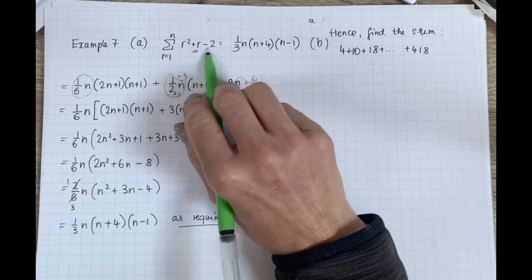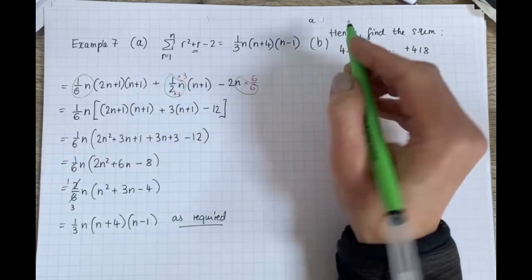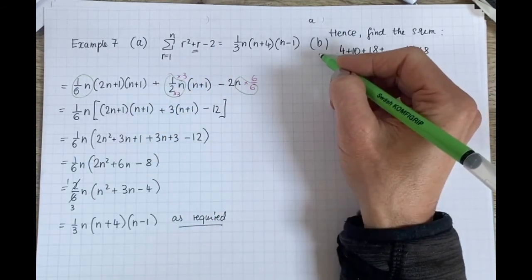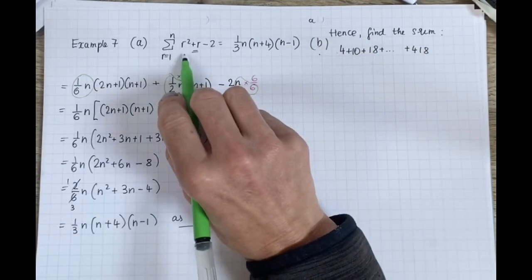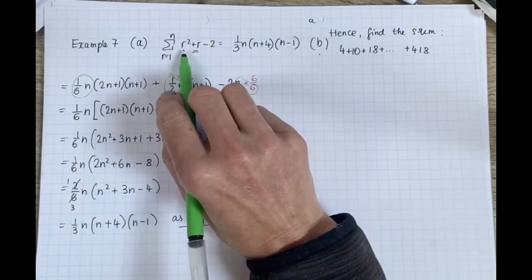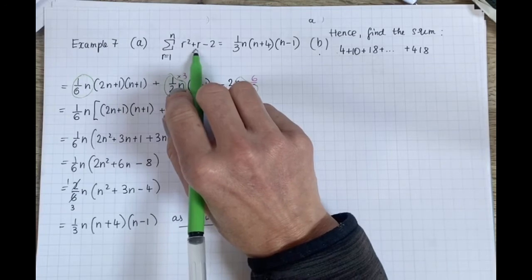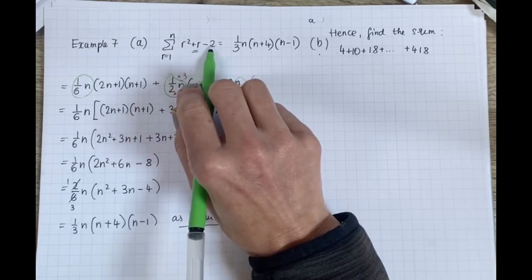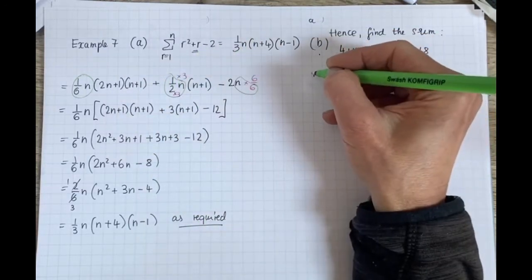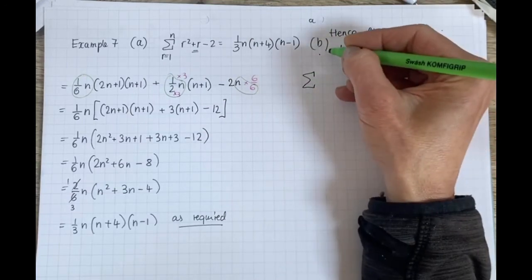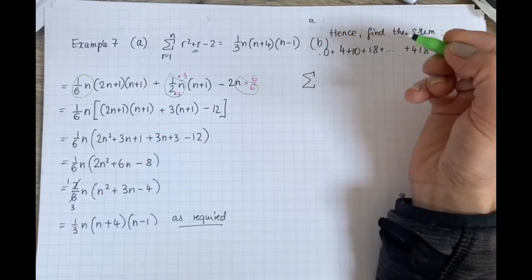So if I put 1 in, that will start with 0. So you may have had a 0 here, but maybe you can ignore that. What if I put 2 there? So it's 2 squared plus 2, so it's 6 minus 2, that's 4. So I can definitely start from 1 if I say that this starts from 0.